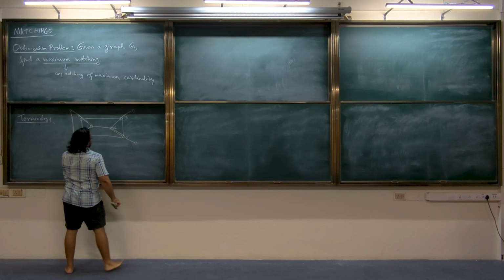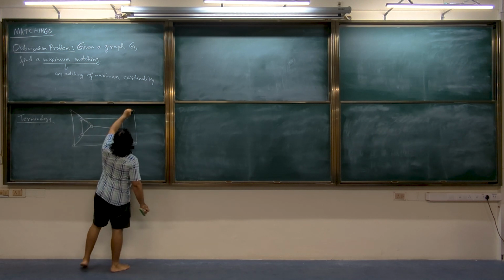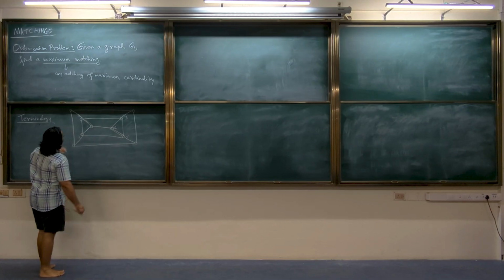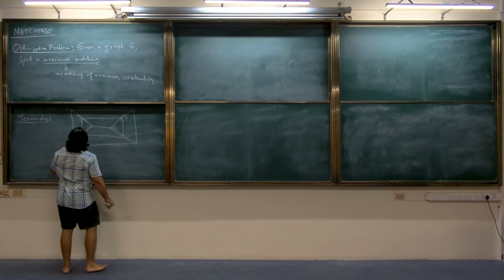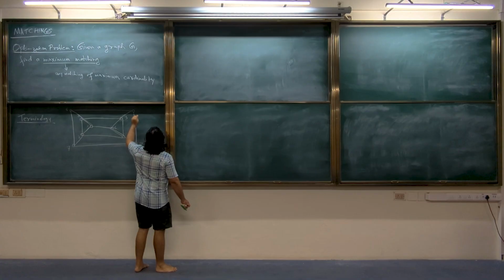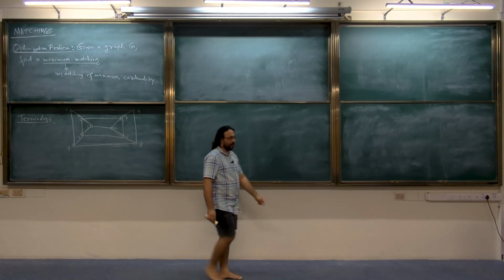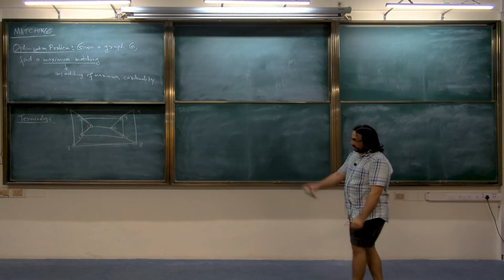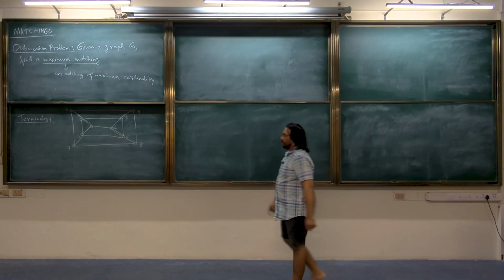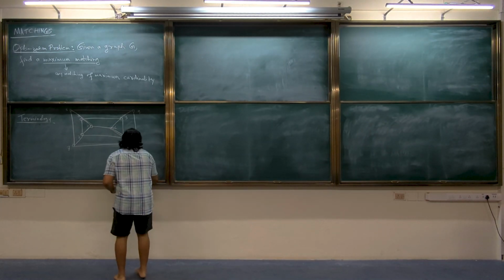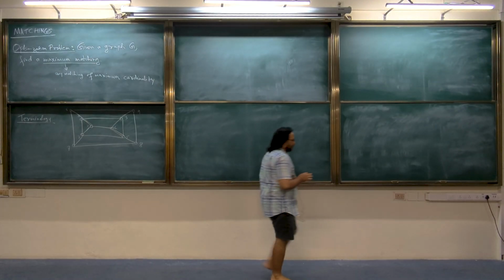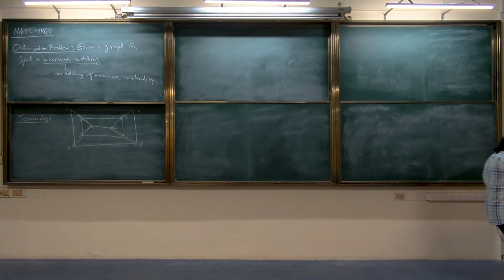Something like this. So here is my bigger graph, with vertices 0 to 9. I still have the matching, the yellow colored matching that you see. That is 0, 1 and 4, 5.